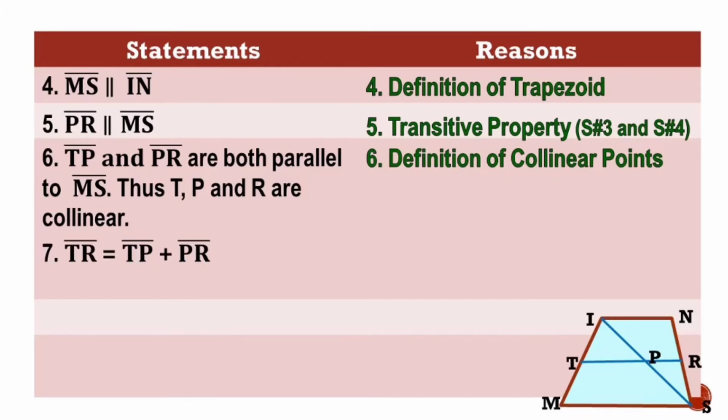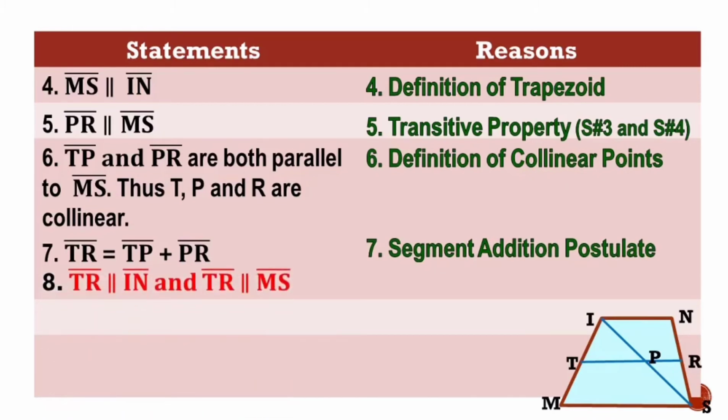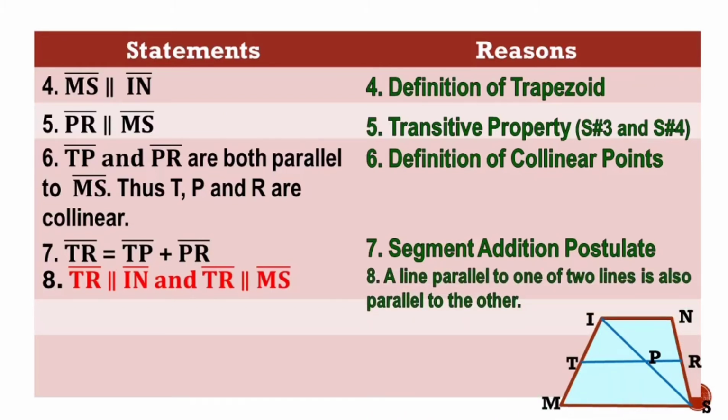Number 7. Segment TR is equal to segment TP plus segment PR. Reason, segment addition postulate. Number 8. Segment TR is parallel to segment IN and segment TR is parallel to segment MS. So a line parallel to one of two lines is also parallel to the other. 9.